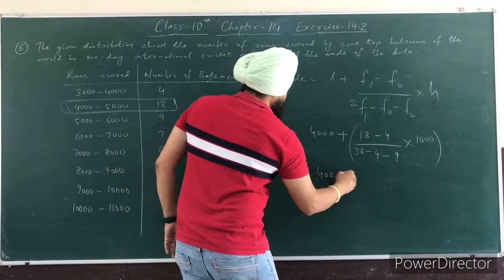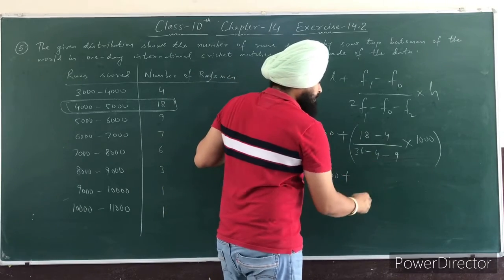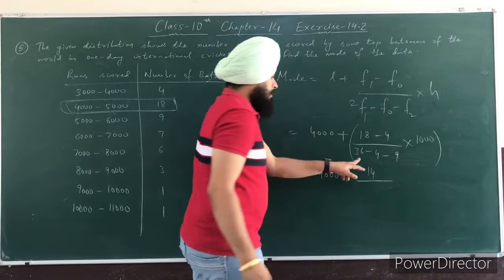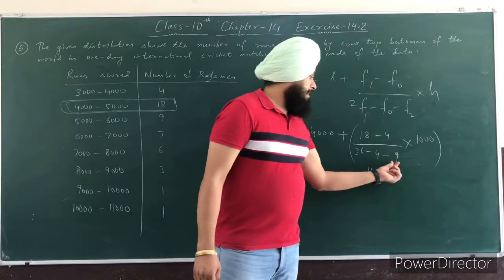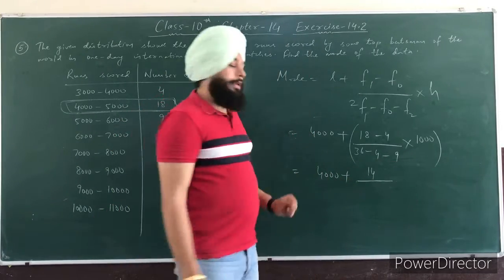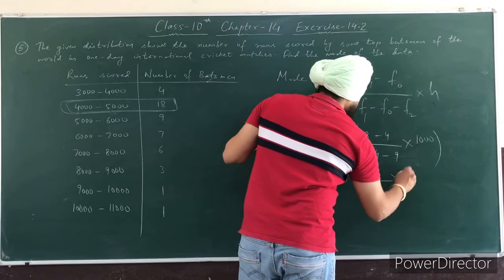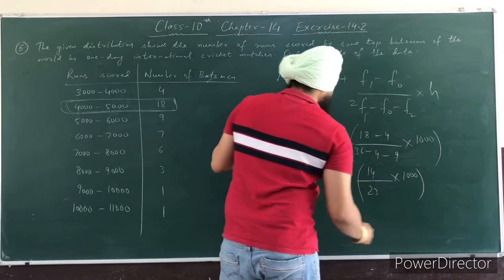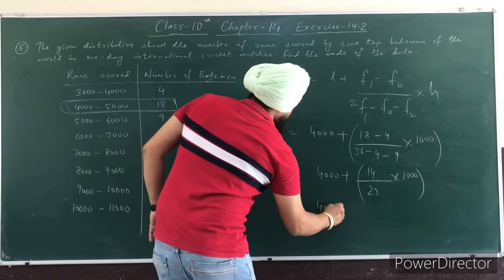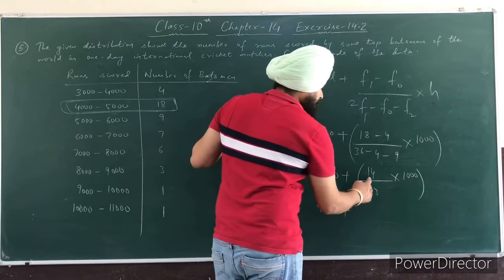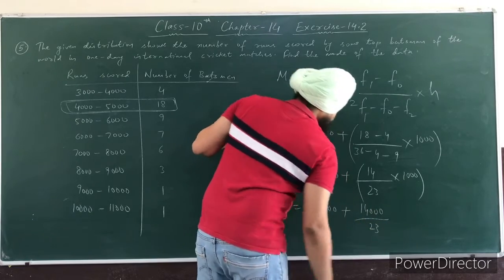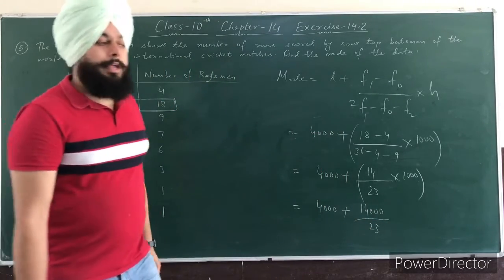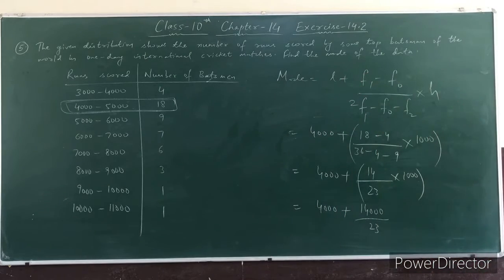So it is 4000 plus 18 minus 4, how much? 14. 36 minus 4 is 32. 32 minus 9, how much? 23. Into 1000. So it is 4000 plus 14 into 1000, 14,000 divided by 23. Now you should divide this 14,000 by 23.